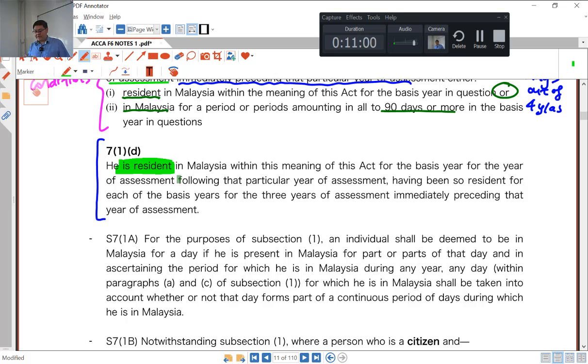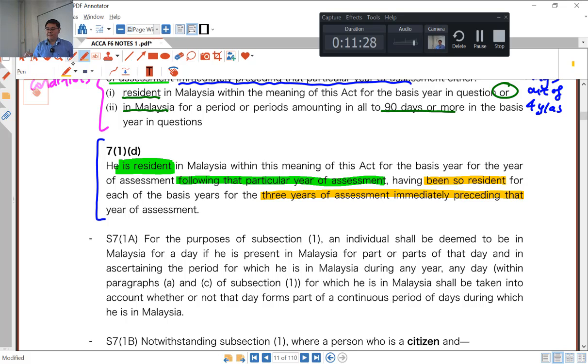For the year following that year, that means it's the next year. And then it goes on and says you have been a resident for each year of assessment for 3 years immediately preceding that. Been resident means you're talking about the past.